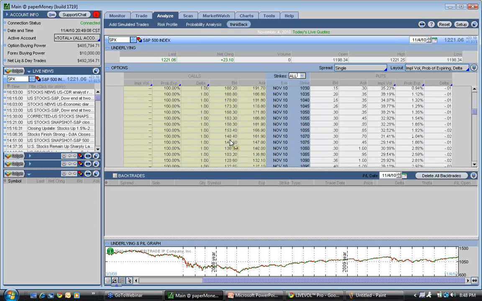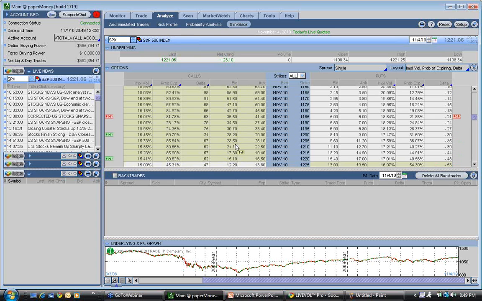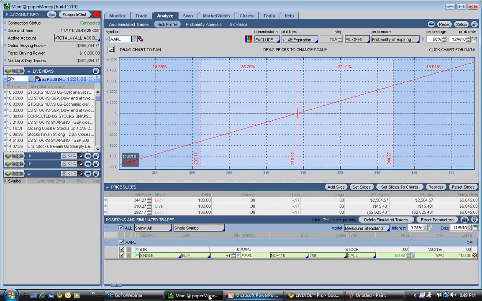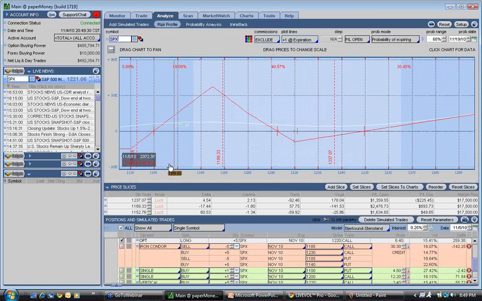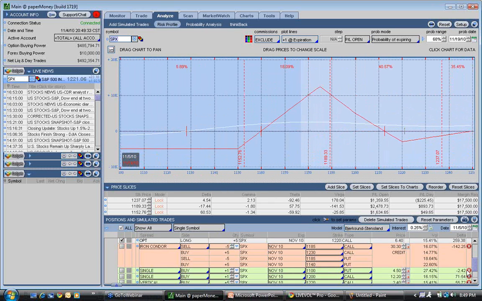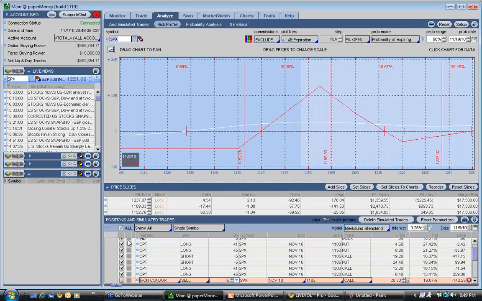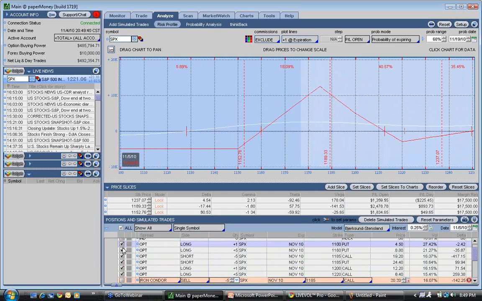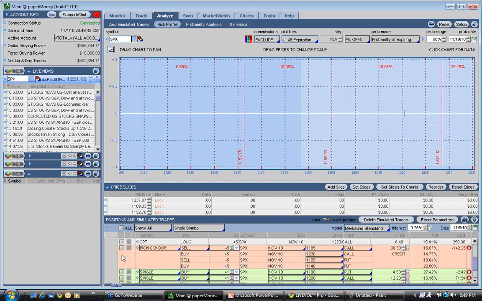Actually, this is the trade I had on. This is something I was working on in my risk profile in SPX, because I reverse Harvey'd. This was a trade that we kind of had on. I'll be interested to see how it looks, actually.